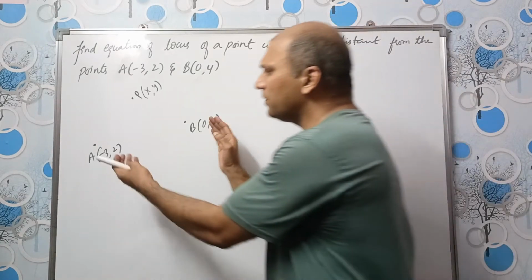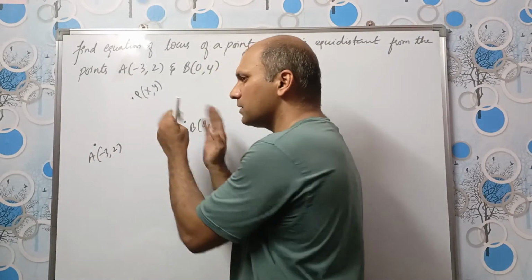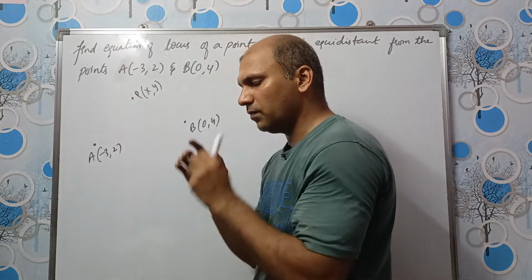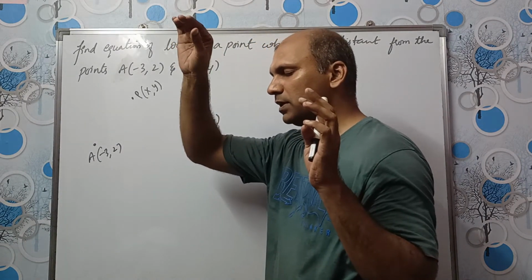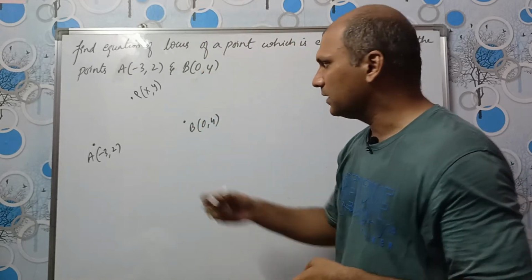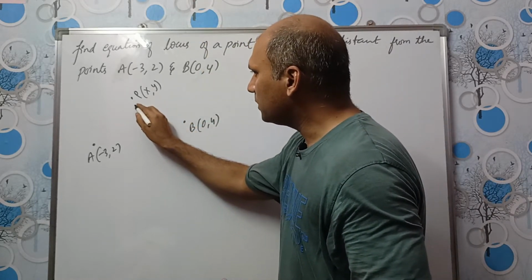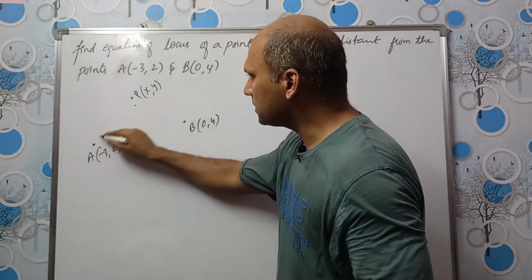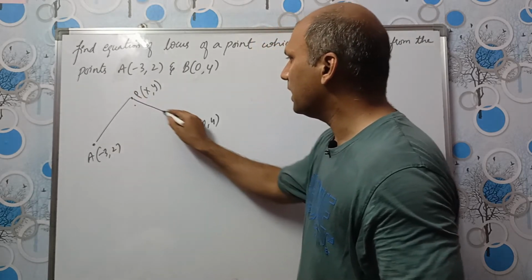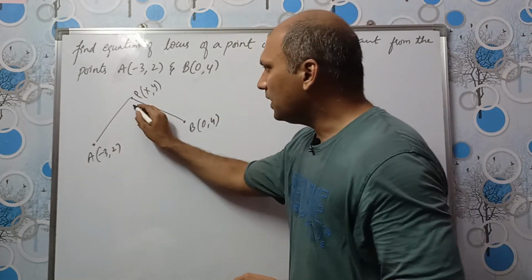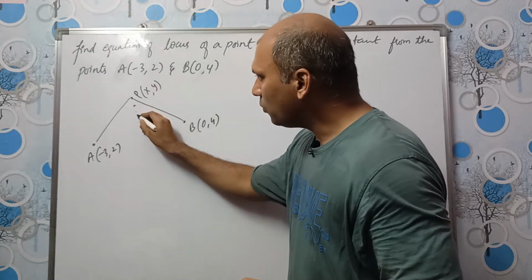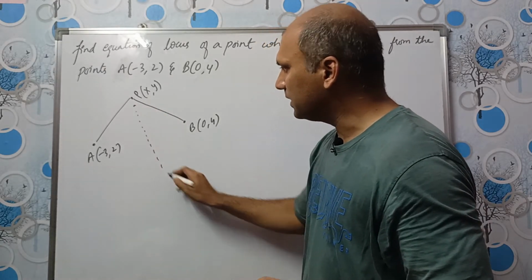We have 2 points and this point is at equal distance from them. We need to find the equation of that line. See, this will be the point, at equal distance. AP and PB will be equal. We'll have many points which satisfy that condition, right?